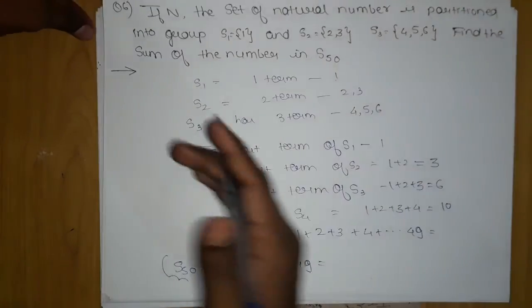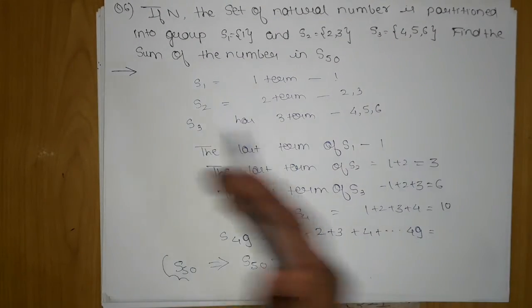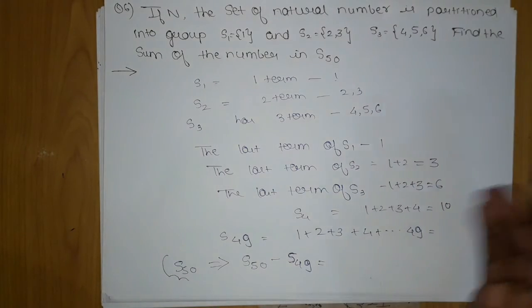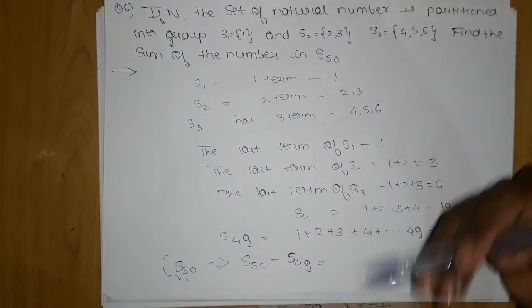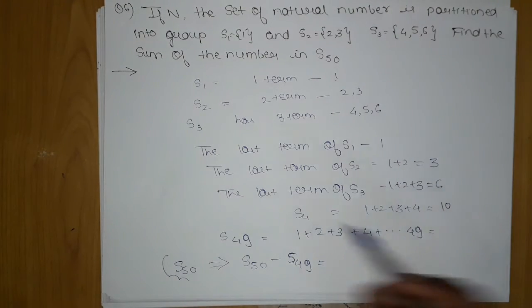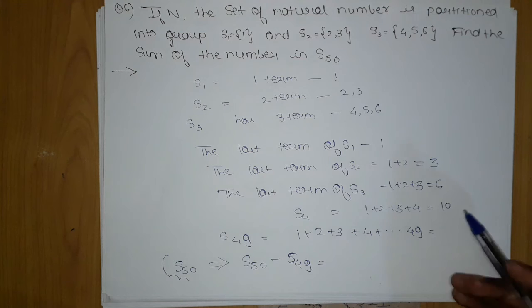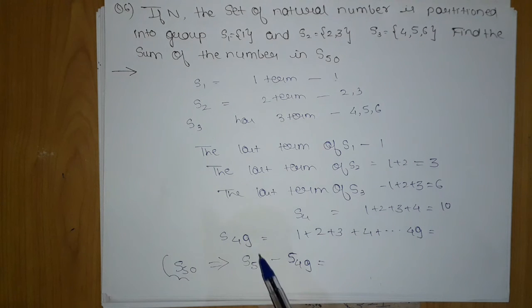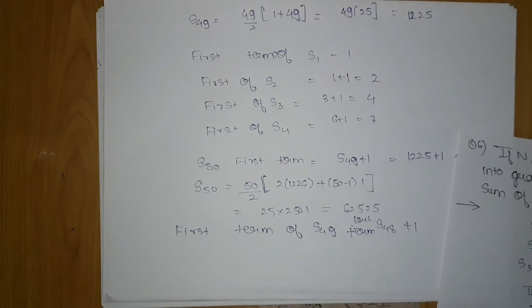So this question was tough. How did we do it? We proceeded with S1 being 1, then S2, S3. The last term of S1 is 1, and the last term of each next set is the sum of numbers up to that point: 1 plus 2 is 3, 1 plus 2 plus 3 is 6, 1 plus 2 plus 3 plus 4 is 10. So we found the last term sum up to 49. What is the purpose of finding S49?